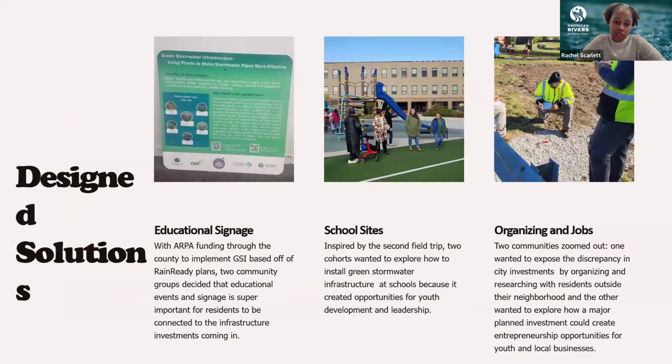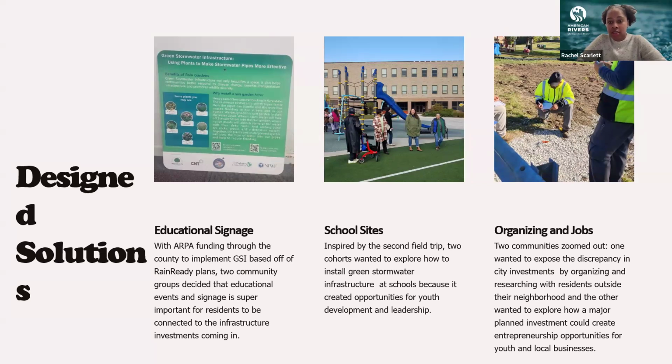So let's get to the solutions of the Civic Innovation Hub. So the capstone projects from the Civic Innovation Hub fell into these three major categories. So 2 communities had participants who were part of Rain Ready, the original program led by the Center for Neighborhood Technology.